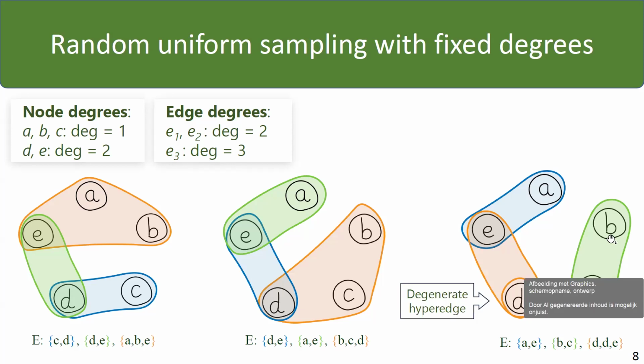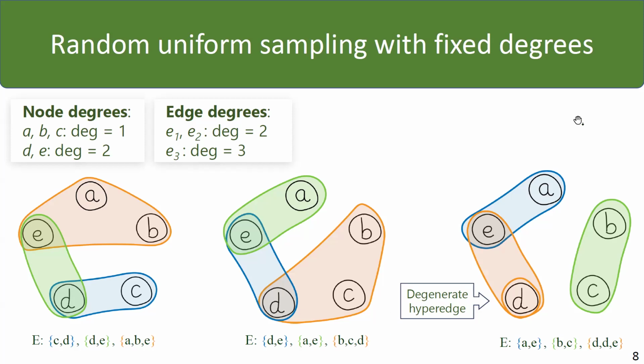And again, this is what we call the degenerate hyperedge. So for the sake of simplicity, I'm going to try and sample hypergraphs with those degrees without degenerate hyperedges. This is also something that happens a lot in practice, that you don't want such degenerate hyperedges.